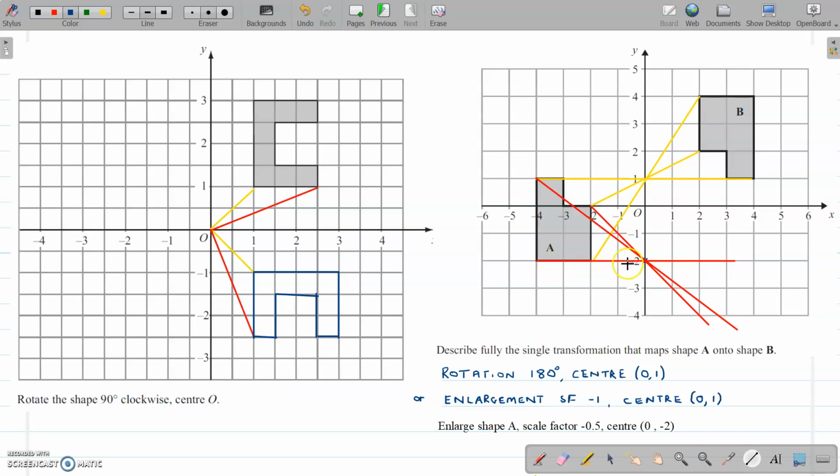That's 4 from the center and that's 2. The new shape is going to be 2 and 1. So in fact, its base here is going to end up between here and here. That's going to be the base of the new shape.